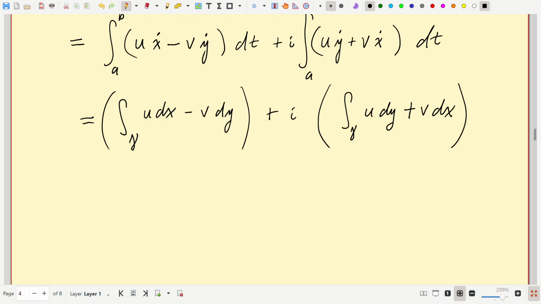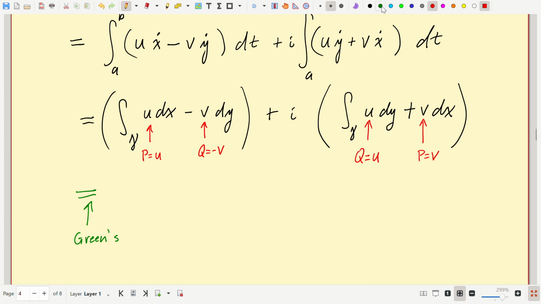Okay, so now right here, by Green's theorem, remember it was p dx plus q dy. So this one, p is going to be equal to u. But here I've got to take q equal to minus v. And this one, it's p dx, so the v is going to be the p here, and u dy is going to be the q.